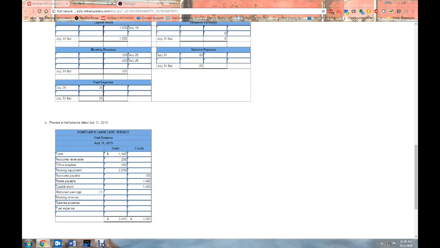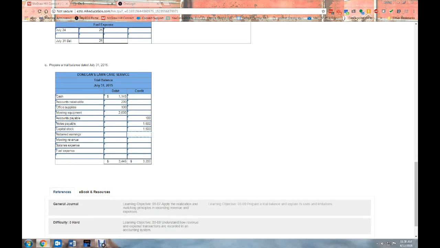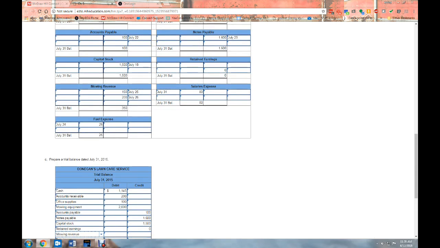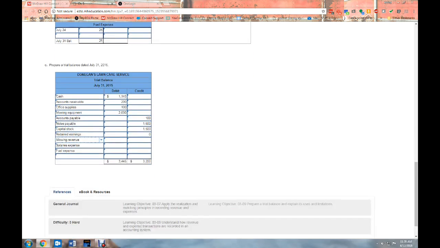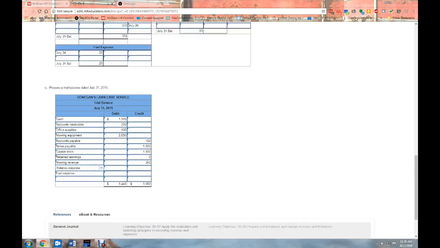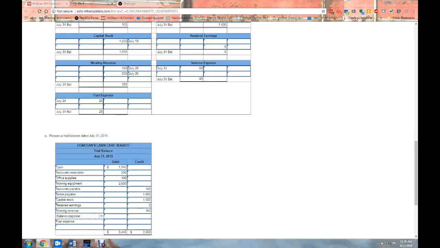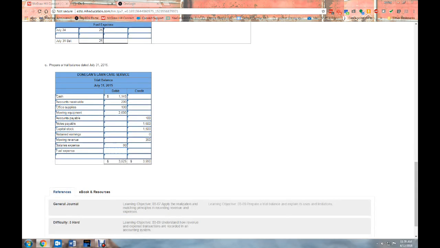Retained earnings, 0, and normally that carries a credit balance, so we'll leave it on the credit side. Mowing revenue, a $350 credit balance. Salaries expense, $80 debit balance. Fuel expense, a $25 debit balance.